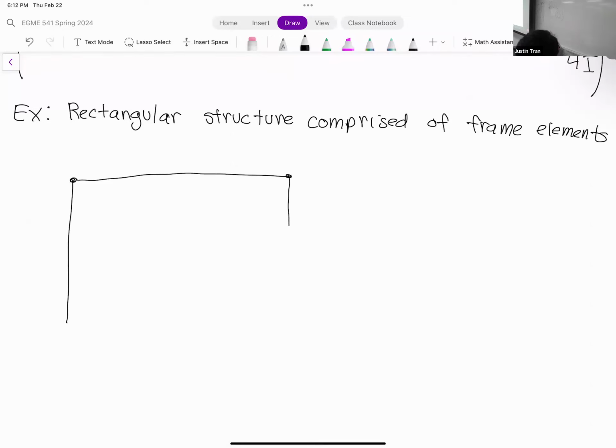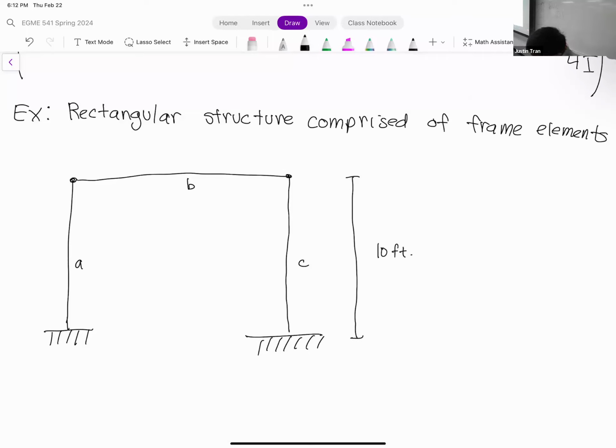It looks just like this. Each bar is a frame element. We have element A, element B, element C. We're going to say the height of the structure is 10 feet. The width of the structure is also 10 feet, so it actually is a square structure.